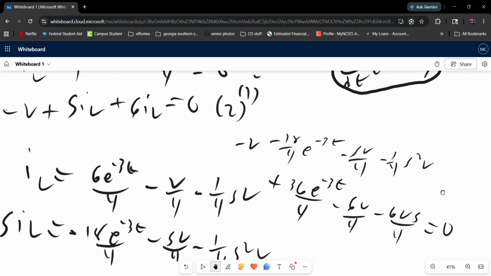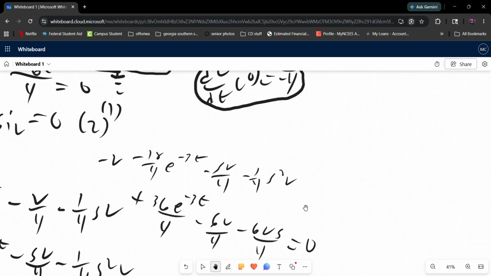Now we just combine like terms and solve the ODE. So we have this 36 and this minus 18, so we end up with a positive 18. So I'm going to write this equation over here and move it to the other side. So that becomes a negative 18 over 4 e to the negative 3t.